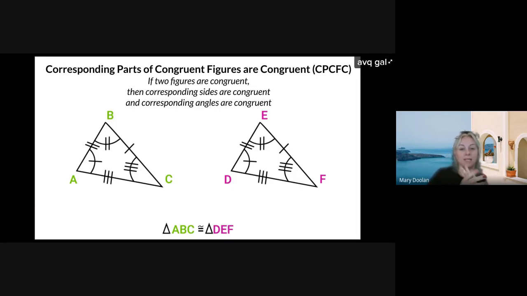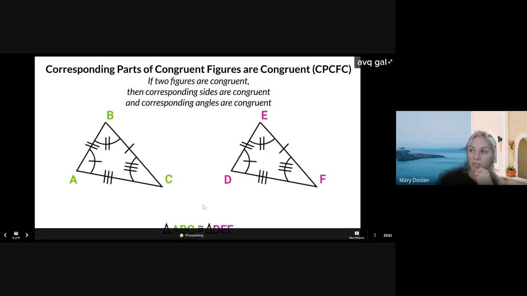The theorem says if two figures are congruent, same shape, same size, then the corresponding sides are congruent and the corresponding angles are congruent. So that's what we call CPCFC, that the corresponding parts, the sides and the angles of two figures that are congruent are also congruent themselves.